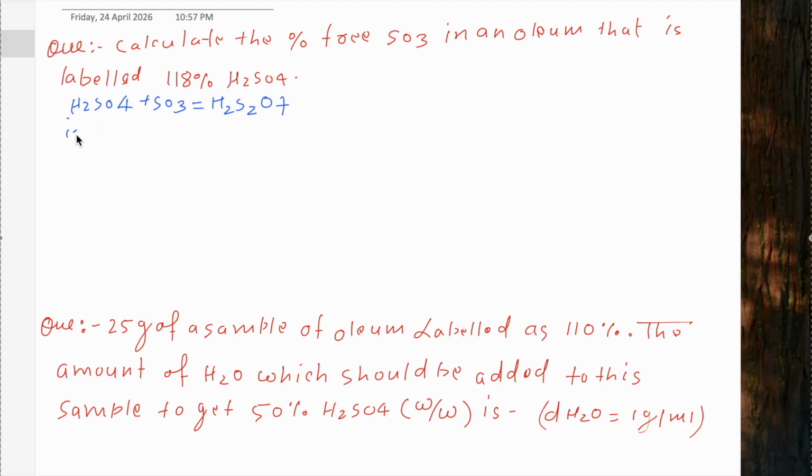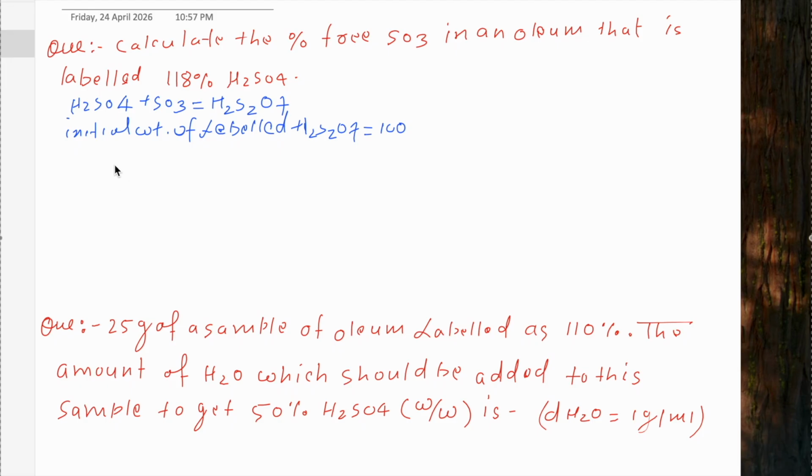I am writing here, initial weight labeled, or you write weight of labeled H2S2O7 is equal to 100, because it is given in the percentage.